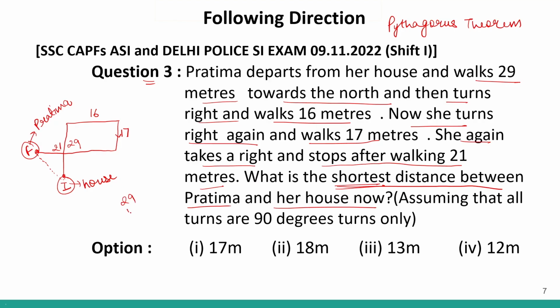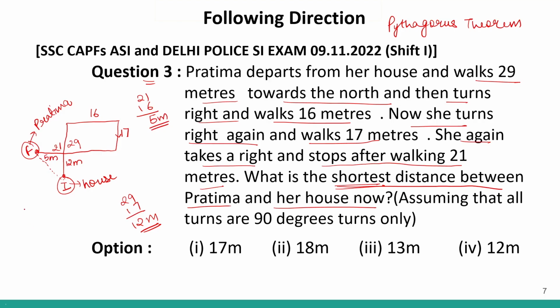This will be 29 minus 17, that is 12 meters. So this line is 12 meters. Similarly, if this is 21 and this is 16, then this distance will be how much? This will be 21 minus 16, that is 5 meters, right? So this will be 5 meters.